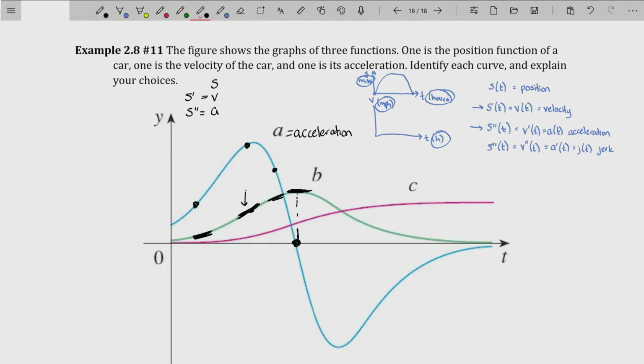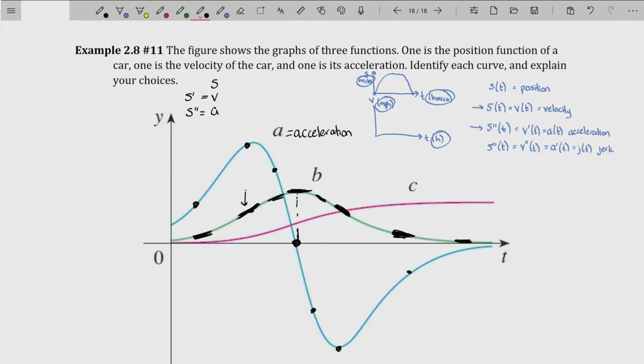Let's see. The slope of the tangent line right here is negative. And notice the blue curve is negative at that point. Slope of the tangent line here is negative, and notice the blue curve is negative at that point. Slope of the tangent line here is negative, but not so negative. It's getting slightly less negative. Well, the blue curve is getting slightly less negative.